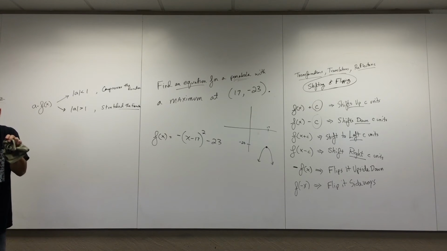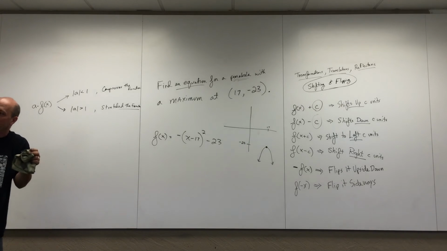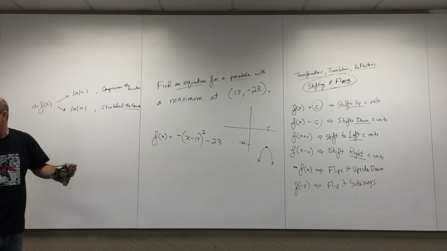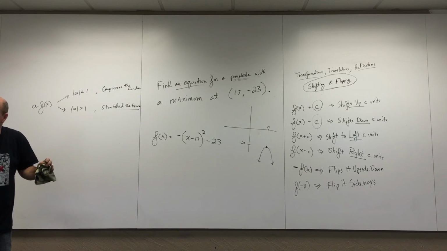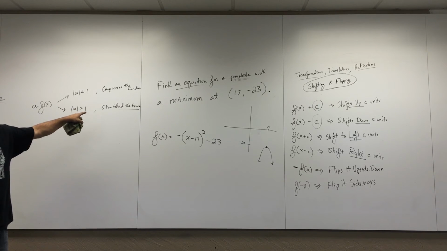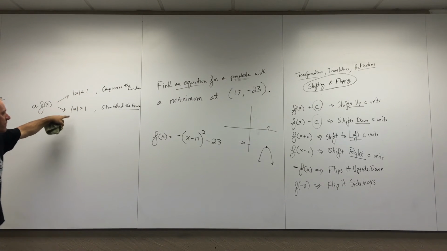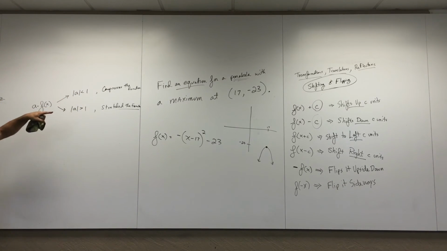The size of the number is what I'm concerned about, whether it's a 1/3 or a 1/5 or a 5 or an 8. I'm not concerned with the sign on the number. I already know what that does. I'm just concerned with the size of the number, so I'm ignoring the negative sign if it has one.